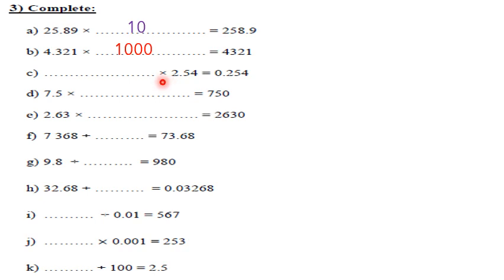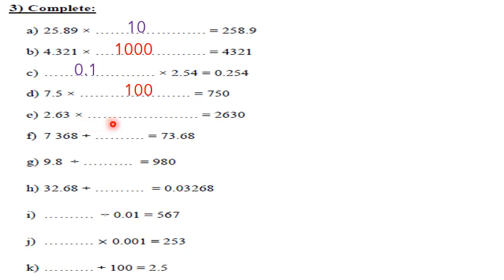One place to the left, that means 0.1. The next, 7.5 times what? Give me 750. Let's see the decimal point moving to the right 2 places. So this is normal to multiply here, the decimal point moving to the right 2 places. That means times 100.